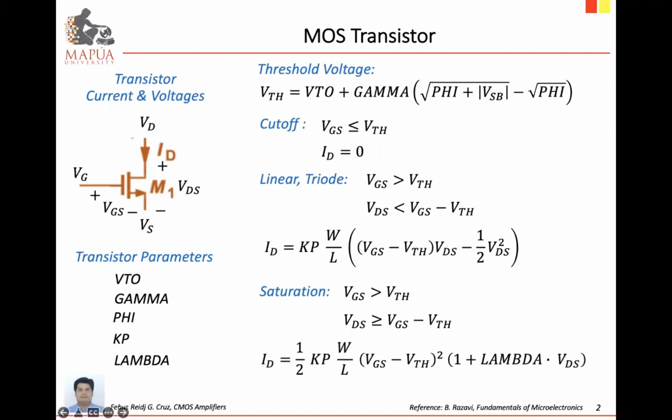So we are going to use this equation: 1/2 Kp W over L times the square of the saturation point, all multiplied by 1 plus lambda VDS. All right, so note that VGS minus VTH is the VDS saturation point. And also note that for amplifier circuits, the transistor must be operated in the saturation condition. All right, is this clear?